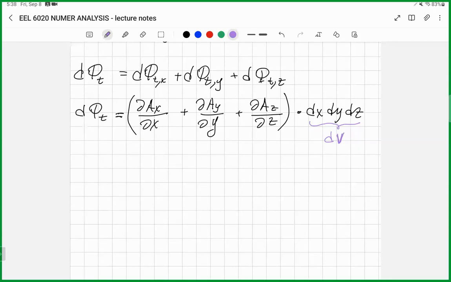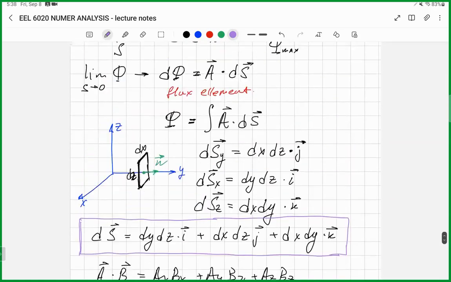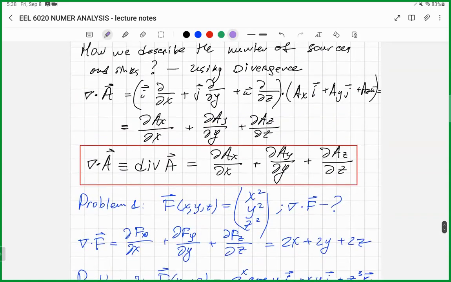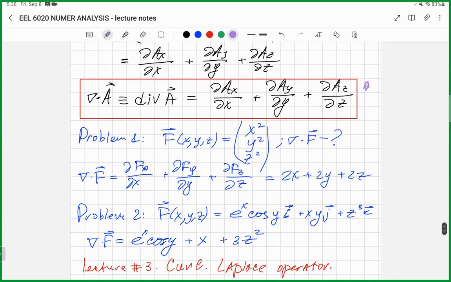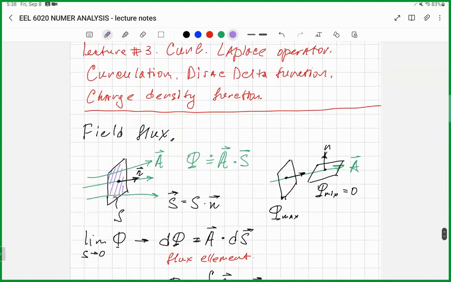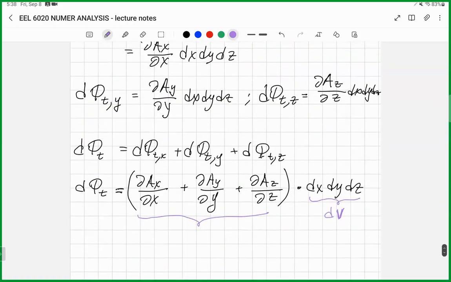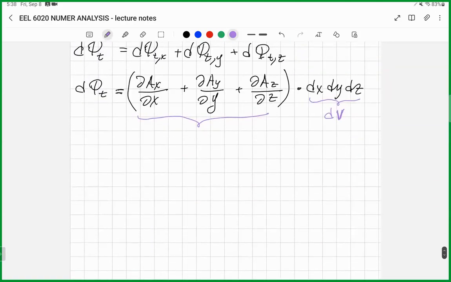And this expression in parentheses we defined last time. So it is equal to the divergence of the vector field, divergence of A, or we can also use nabla dot A. So this is the divergence of the field.